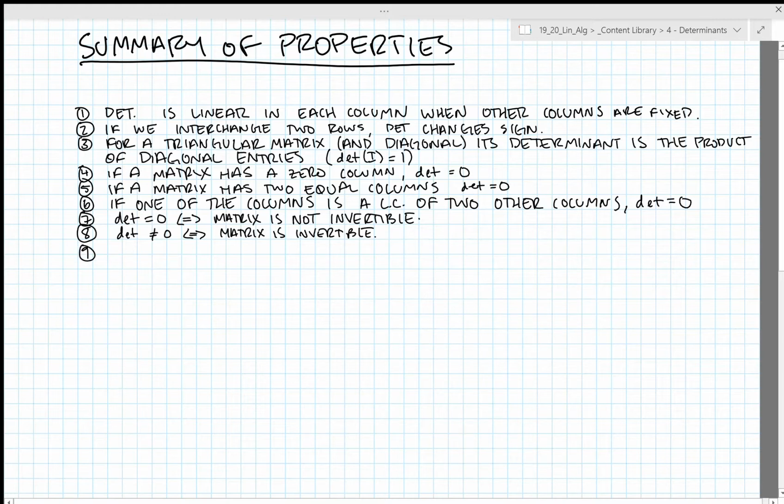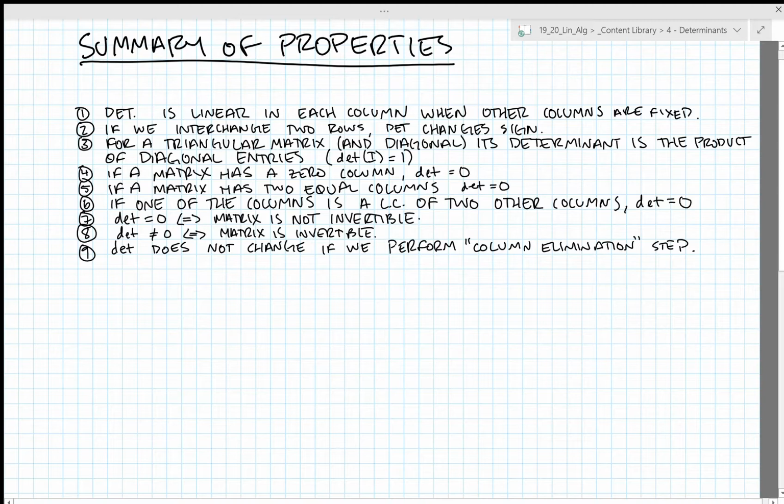Number 9: the determinant does not change if we perform the column elimination step, where we take some scalar multiple of a column and add it to the other one.